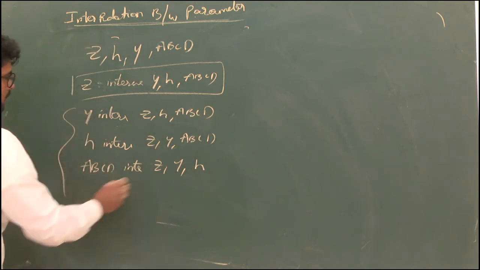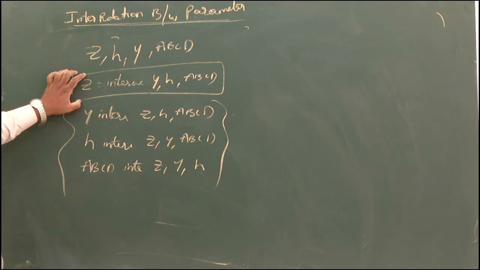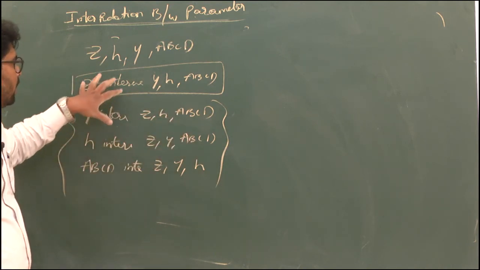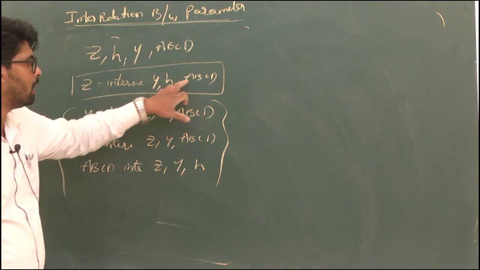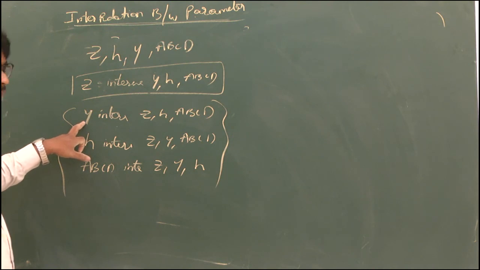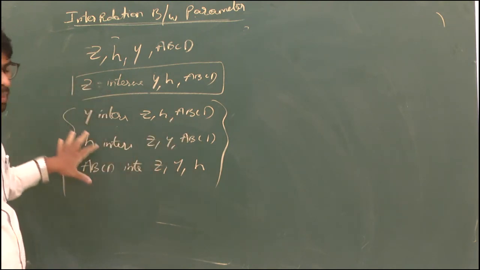So these three are similar to this. Whatever you observed in the previous section, how I did Z parameters in terms of Y, H, A, B, C, D parameters, you work out on these three. So these are the combinations.